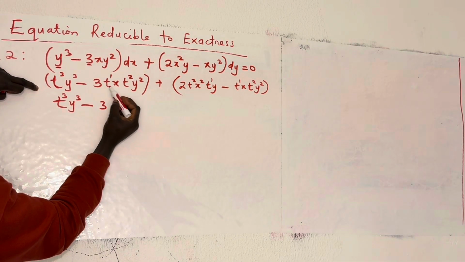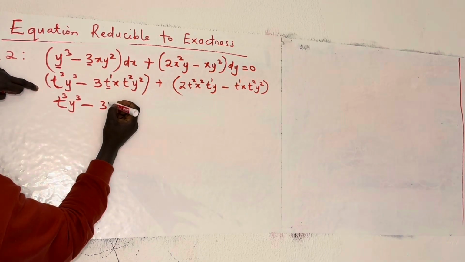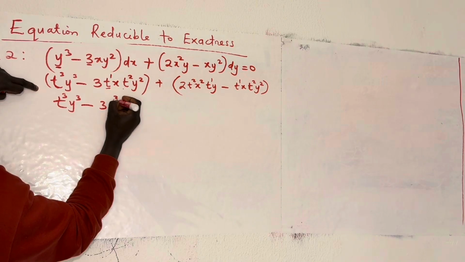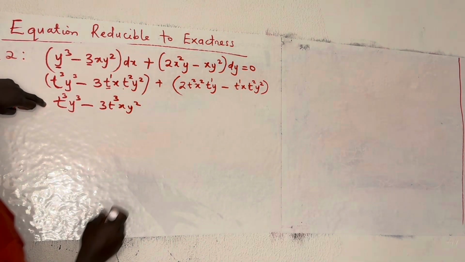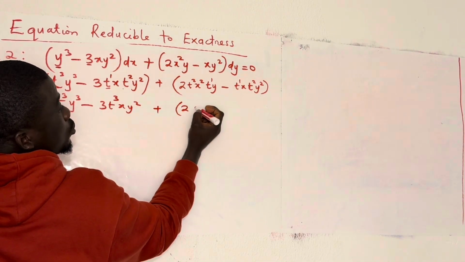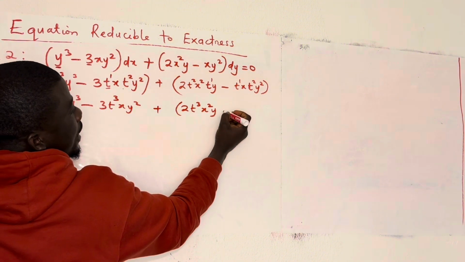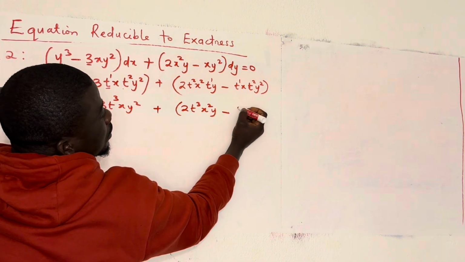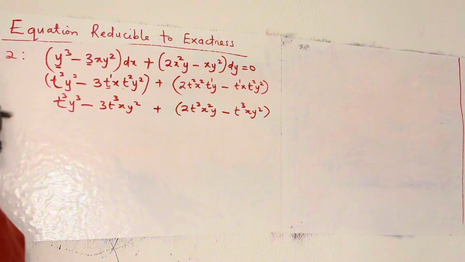From the law of indices, t raised to power 1 and t raised to power 2 gives t raised to power 3 x y squared. Plus, for this side, we have 2 t raised to power 3 x squared y minus t raised to power 3 as well x y squared.